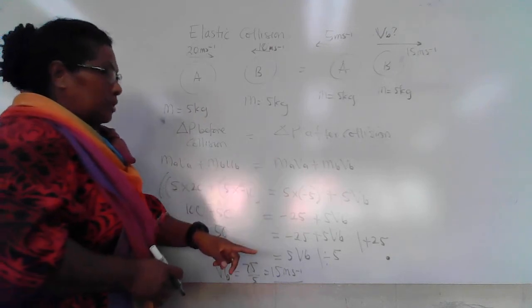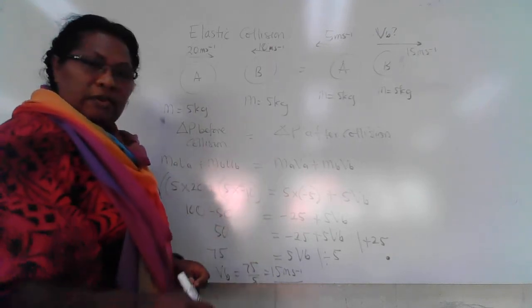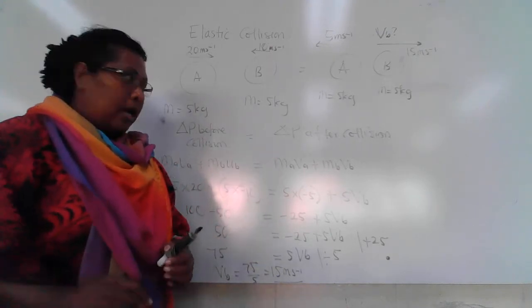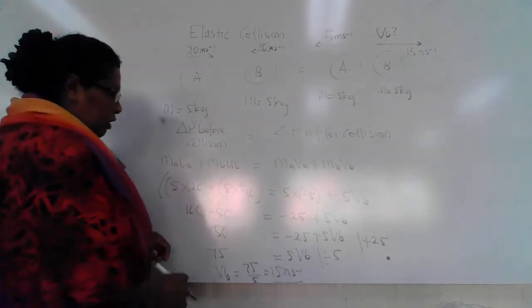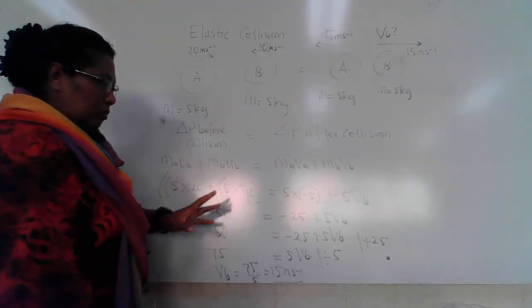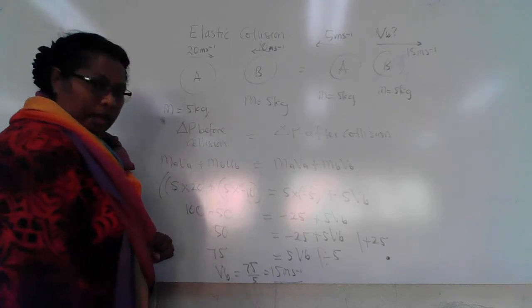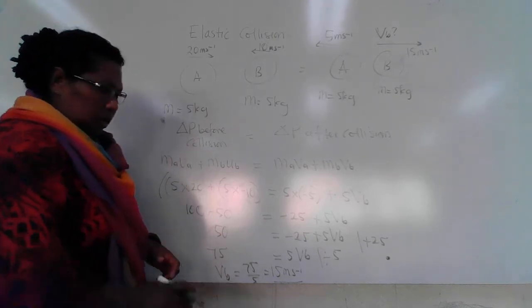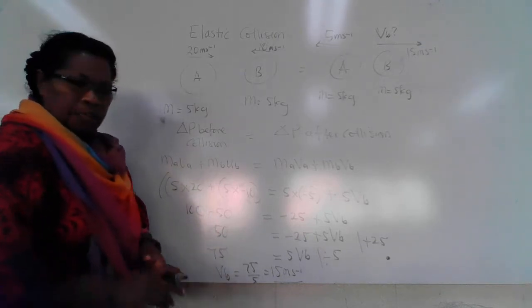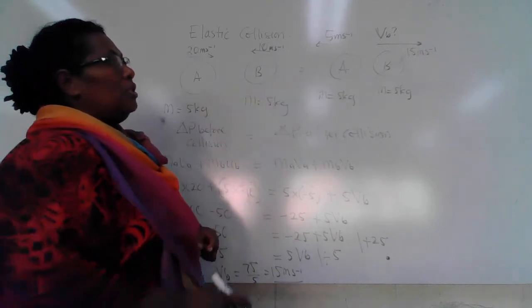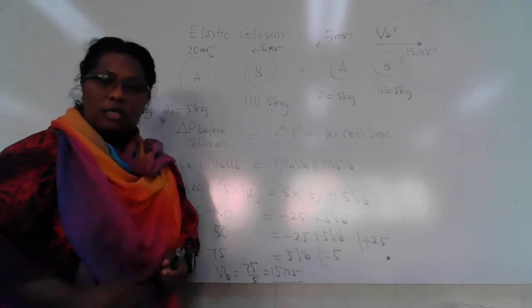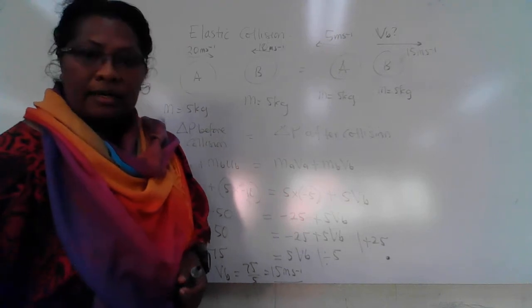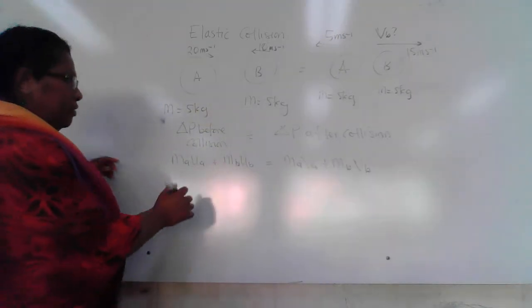The velocity of object B after collision is 15 meters per second. And we're going to go back and prove that the total momentum before and after collision are equal. So we'll prove that now that we know that the velocity of object B after collision is 15 meters per second.